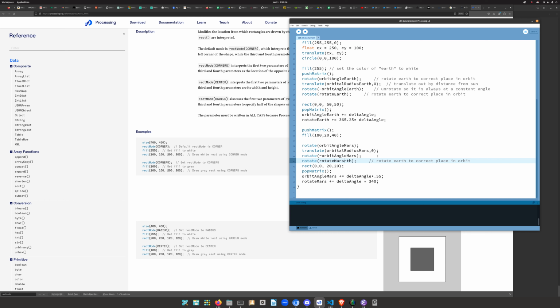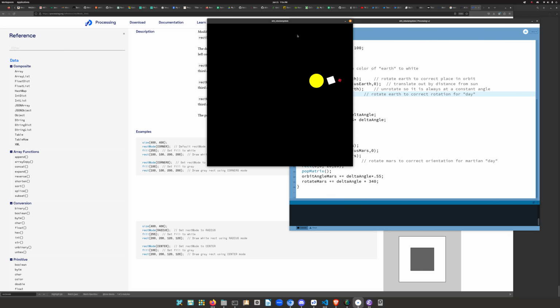Okay, so this code maybe. Alright, so hopefully those comments will help you understand this code later if you're looking back.